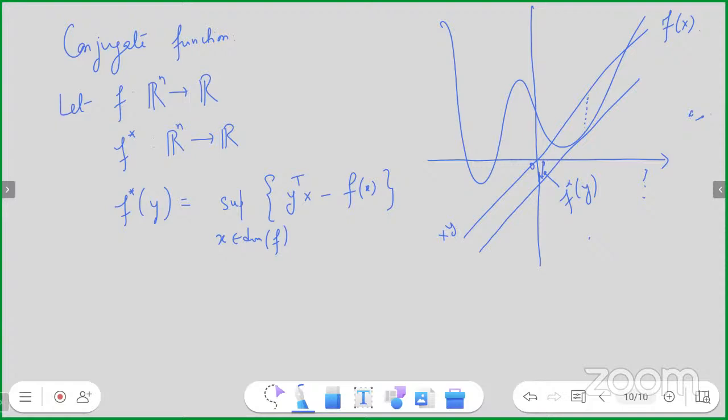Optimizing everybody understands. Minimize f of x. Suppose this is my objective, to minimize a function. Why is it useful to know f star? Is there a special value of y which is meaningful?